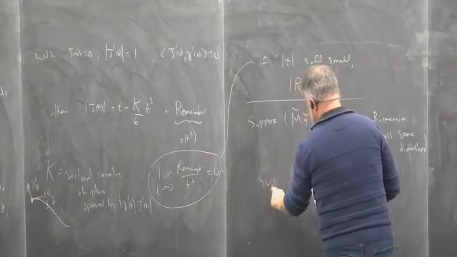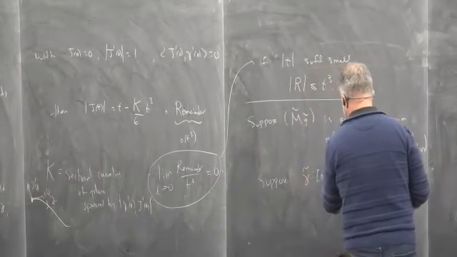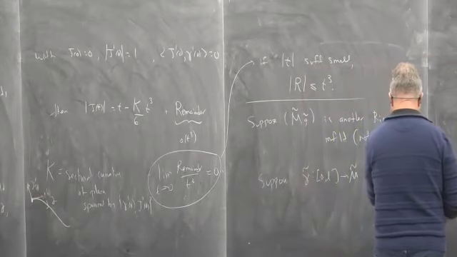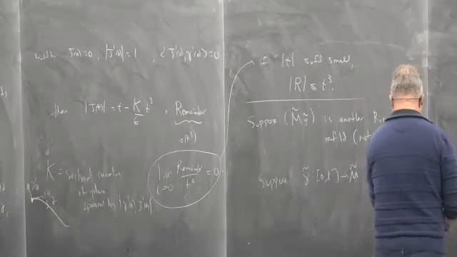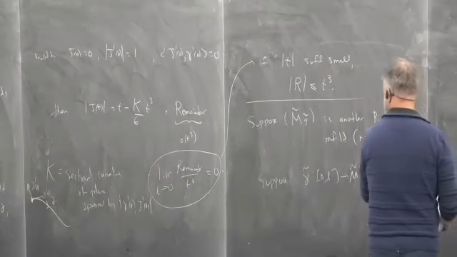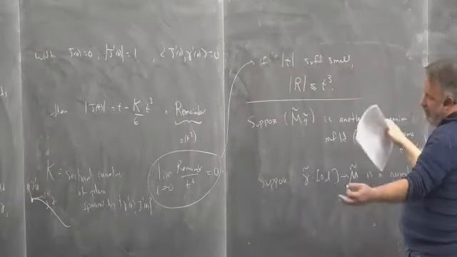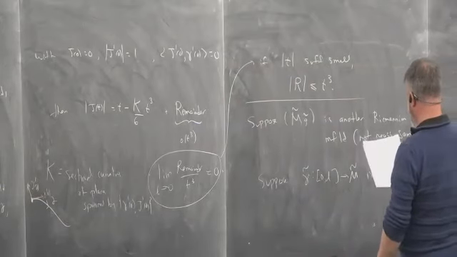And suppose gamma tilde is a geodesic. Right, I took the same L there, but you can just shrink these geodesics to make sure they're defined on the same closed bounded interval. It's okay.